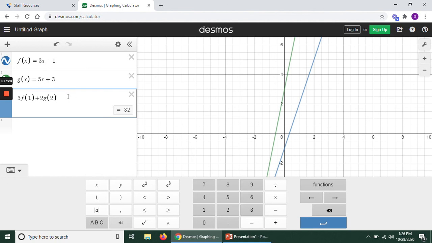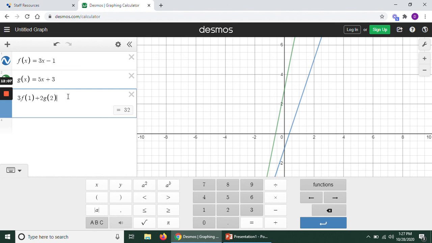And after you have inputted each function in a different row, you are going to type what you want to find in another row. So please ensure that you use different rows. Don't enter everything in the same row. Do not do that, or else you are not going to get the answer.